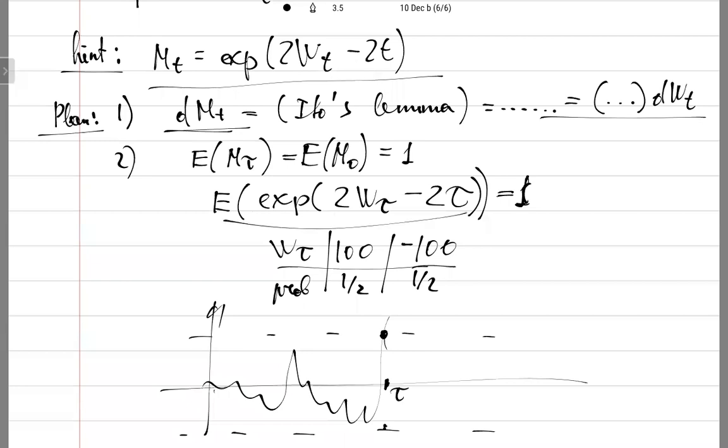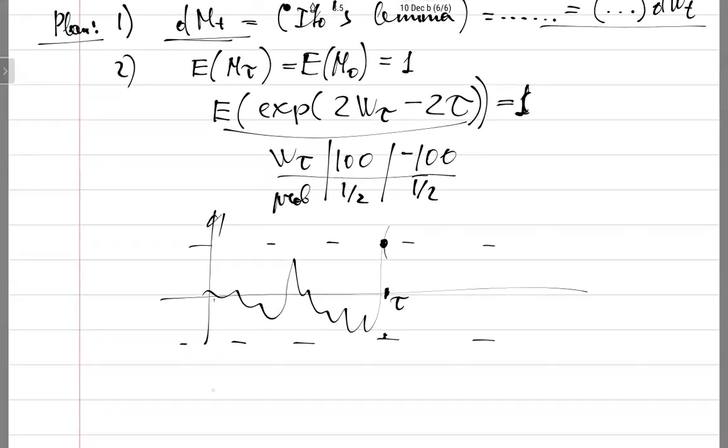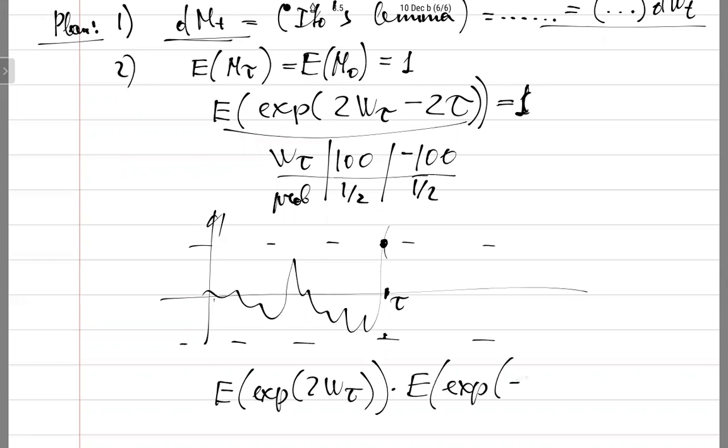So you may decompose the product: the expected value of the exponent of 2W_tau multiplied by the expected value of the exponent of minus 2 tau is 1.